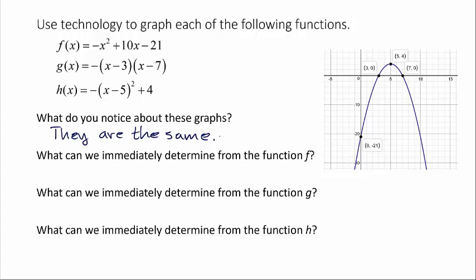So when we look at just the function f, negative x squared plus 10x minus 21, one of the things that form gives us is the y-intercept, right? Because if we think about f of 0, we can very easily see that if we stick 0 in for all the x's there, the y-intercept is negative 21, right?